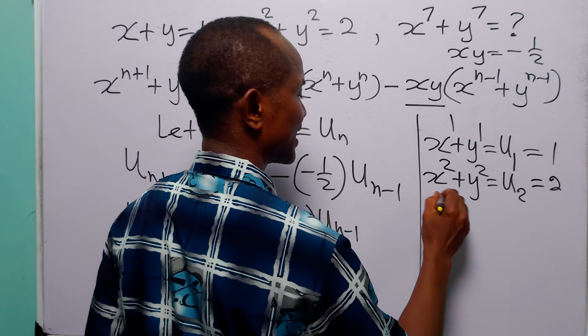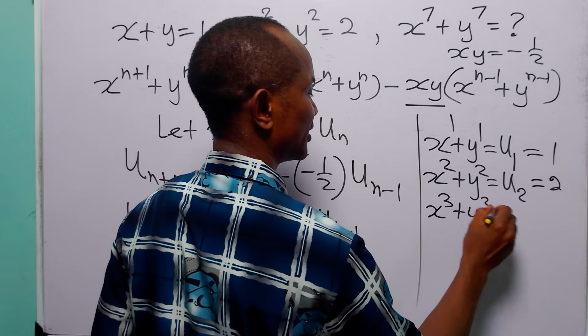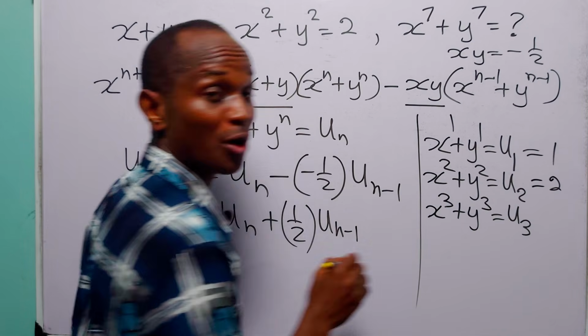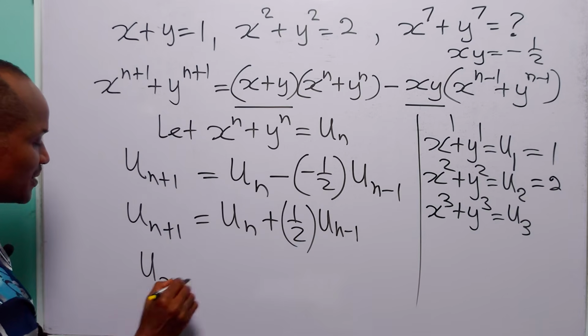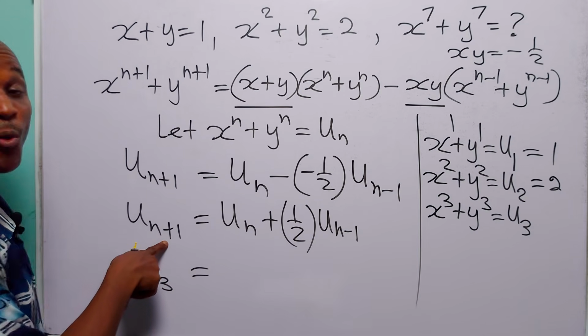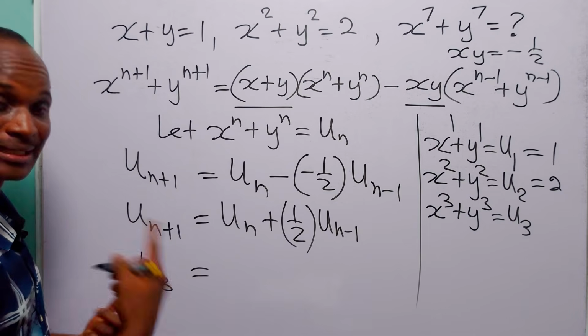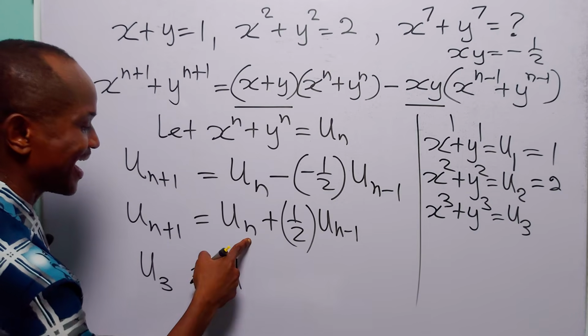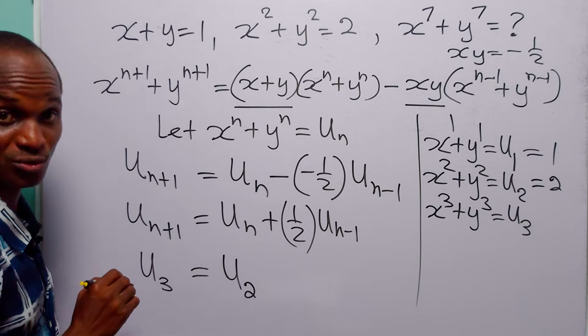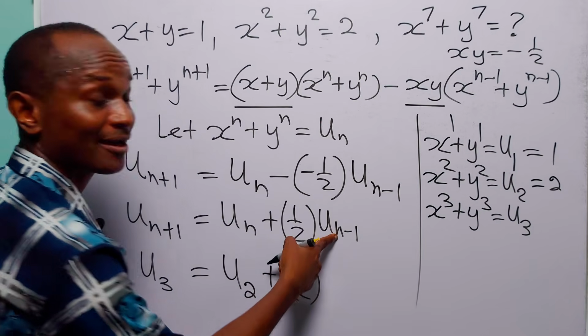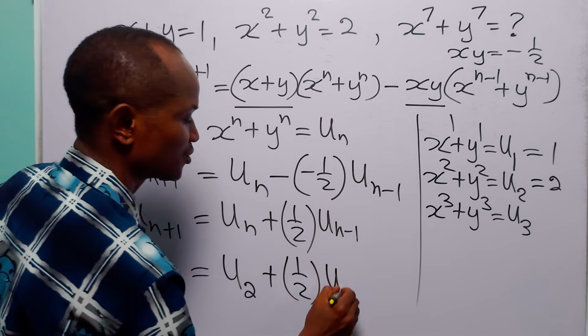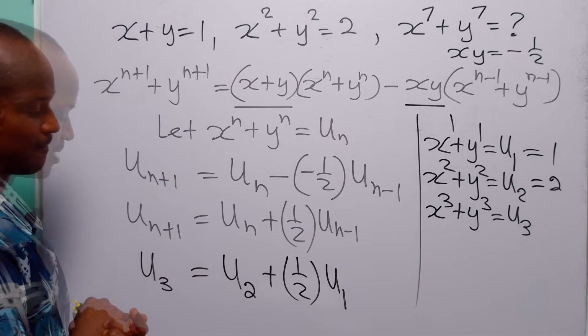Now, let us find x³ plus y³, which is u sub 3. Now, 3 is equal to n plus 1. That simply means that n must be equal to 2, and n minus 1 must be equal to 1.